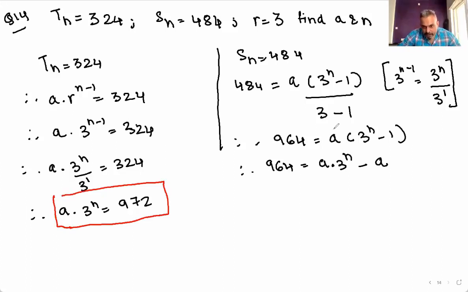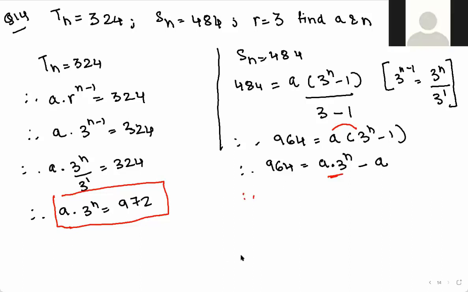What did we do here? A into 3 raised to n minus 1 is A into 3 raised to n minus A. Now this we substitute, so it will be, therefore 964. Hello, sir. Yeah. 968. Is it 968?